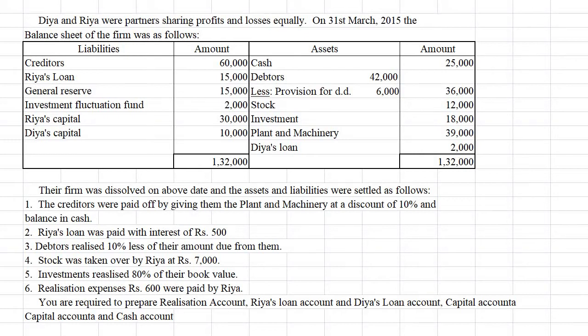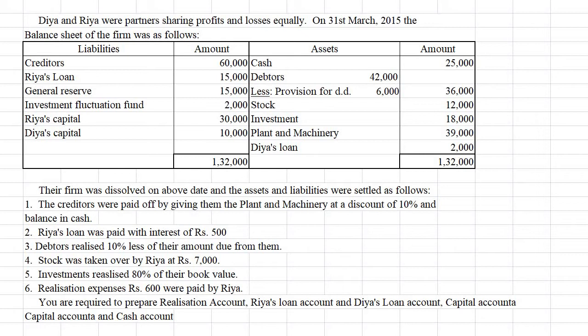So whatever is the amount of plant and machinery, the remaining will be paid in cash. Then Ria's loan was paid with interest. We have taken a loan from Ria, that is paid with an interest of 500 rupees. Debtors realized 10% less of their amount due. So debtors we had 42,000, and we know that while transferring that to the realization account, the gross amount will be shown as asset, that is 42,000, and the provision for doubtful debts will be shown on the credit side of the realization account as liability.